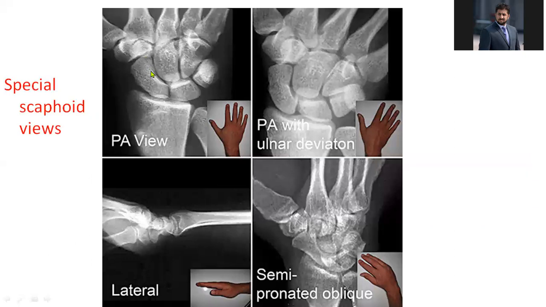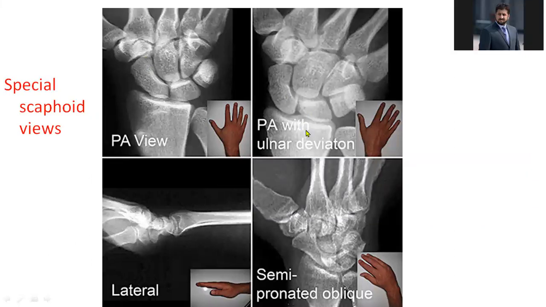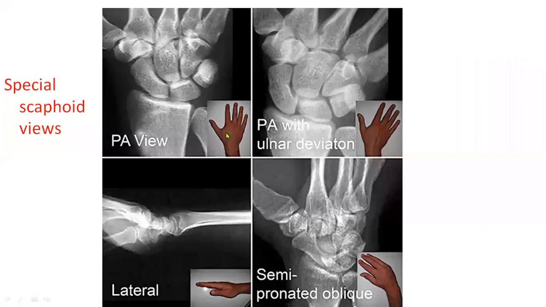This is another scaphoid view, the PA with ulnar deviation. As we discussed in the previous slide, we can use the ulnar deviated PA and the ulnar deviated lateral view. The PA with ulnar deviation view will look like this.